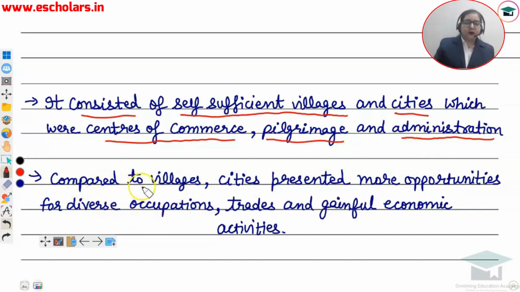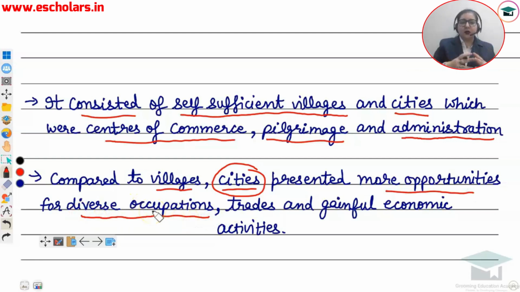Further, if we compare the villages and cities, then cities had more opportunities for diverse occupations. That is, occupations were available in so much variety in cities as compared to villages. Also, cities had more opportunities in terms of trade and in terms of gainful economic activities.